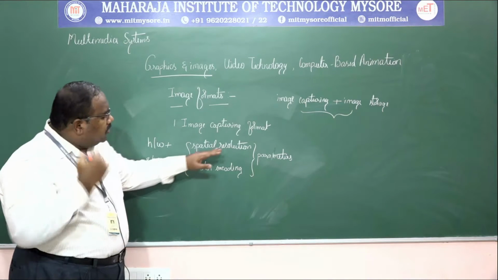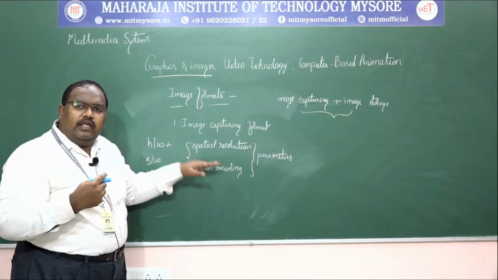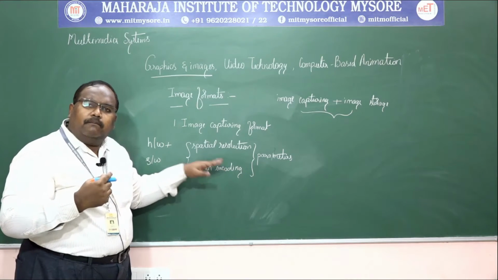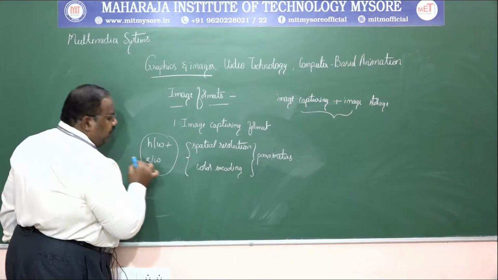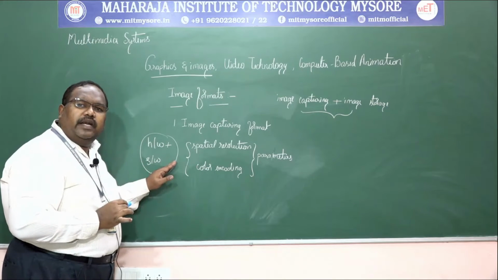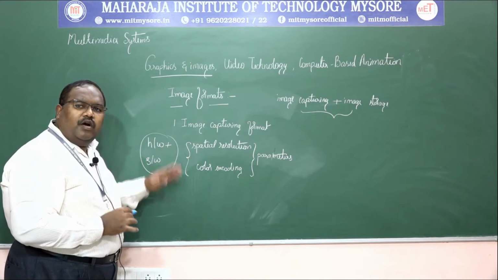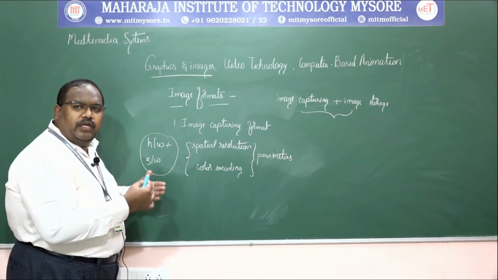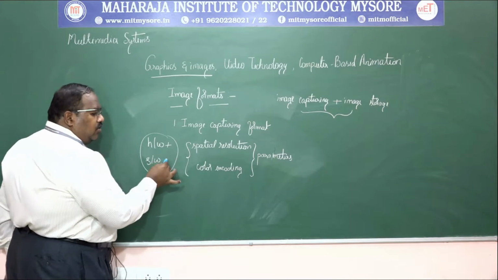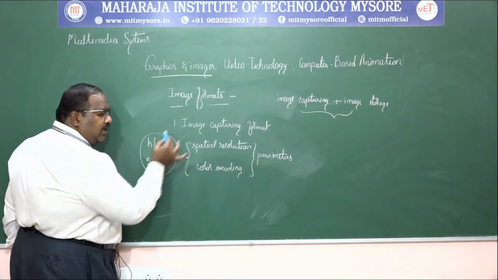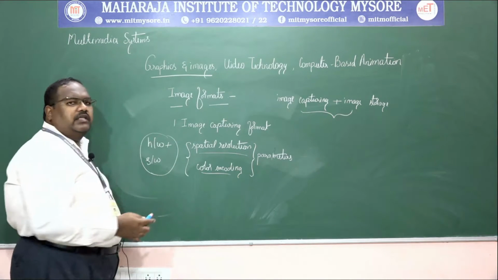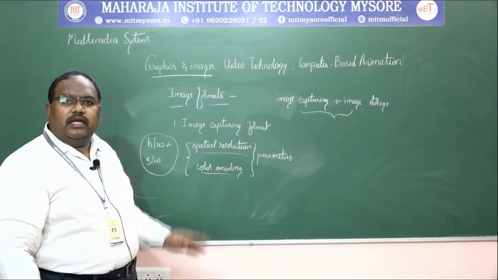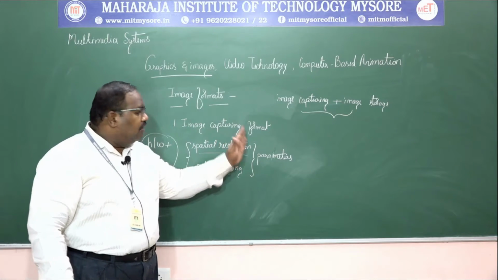When we talk about the spatial resolution and the color encoding, these two values we get depending upon the hardware component and the software component that we make use of for inputting and outputting of the images. So based on these two components, the spatial resolution and the color encoding are defined. This is about the image capturing format.